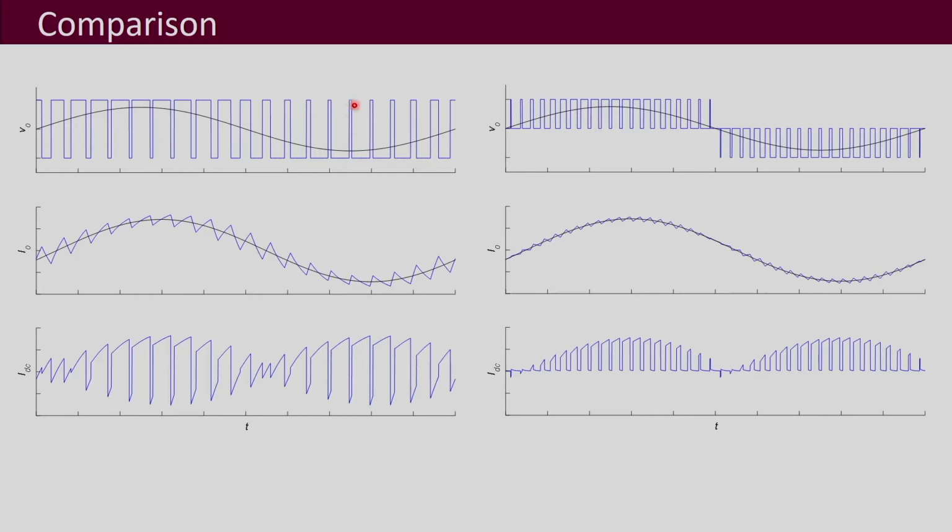So, this is your output voltage waveform for bipolar PWM, and these are all the waveforms that we had obtained for unipolar PWM. Now, what you see is that this output voltage is varying between minus VDC and plus VDC.